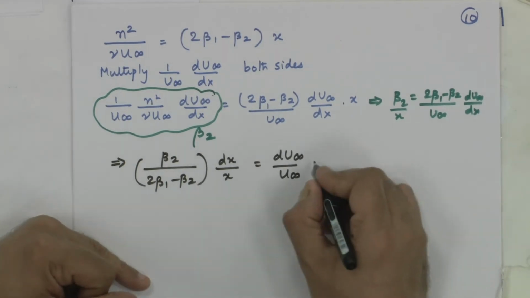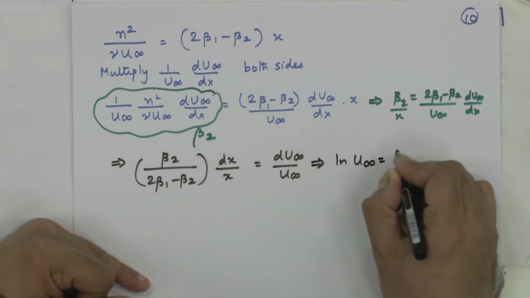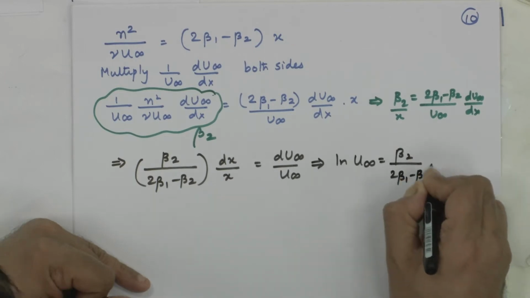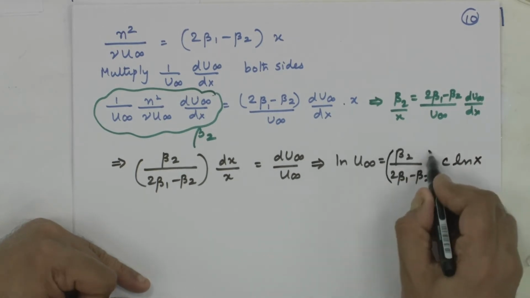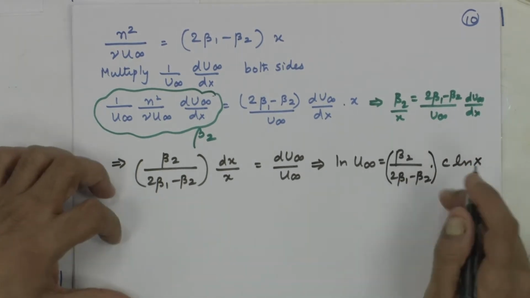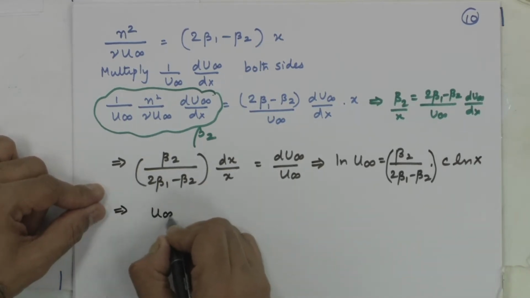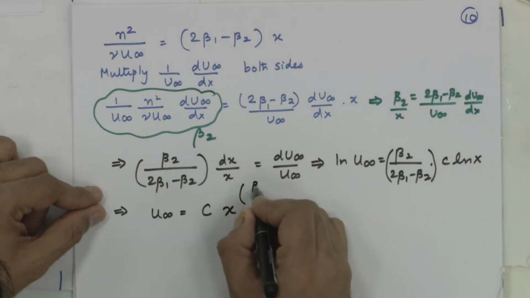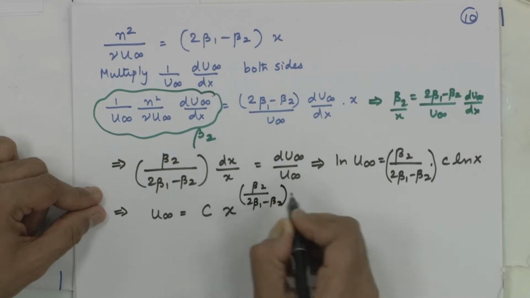I will get log of u infinity is equal to beta 2 by 2 beta 1 minus beta 2 times c log x. The constants, instead of adding, you are just taking it inside here, that is all, which means u infinity is equal to c x to the power beta 2 over 2 beta 1 minus beta 2.